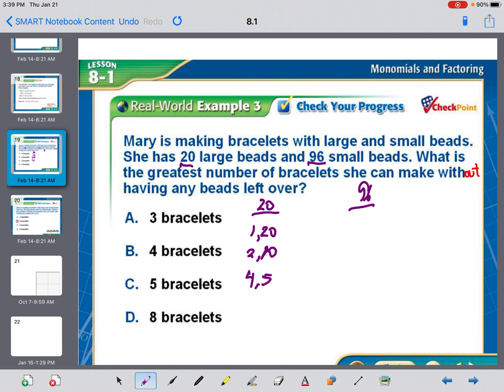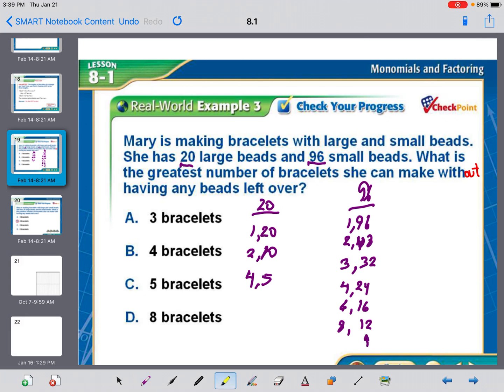20 is 1 and 20, 2 and 10. 3 does not work. 4 and 5. And that's all for 20. 96 is 1 and 96. There's a lot, but you can use a calculator. 2 and 48. 3 and 32. 4 and 24. 5 does not work. 6 and 16. 7 does not work. 8 and 12. 9 does not work. 10 does not work. 11 does not work.